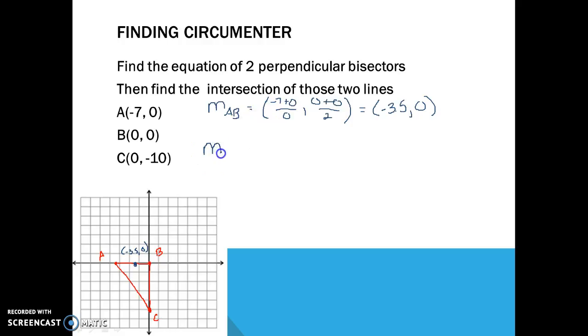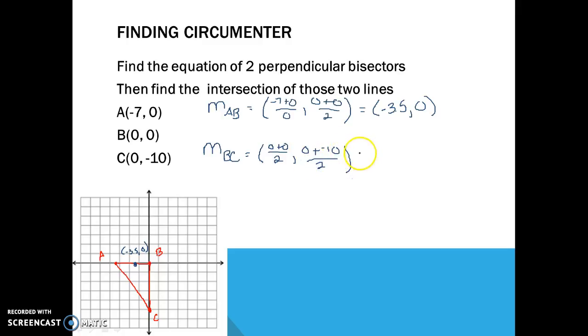Likewise, let's work with segment BC because that's a vertical line. When you have horizontal and vertical lines, it's much easier to find the perpendiculars because it just goes the opposite way. If it's horizontal, the perpendicular is vertical. If your side is vertical, the perpendicular is horizontal. So the midpoint of BC, we add up our x values and divide by 2, and add up our y values, 0 plus -10, and divide by 2.